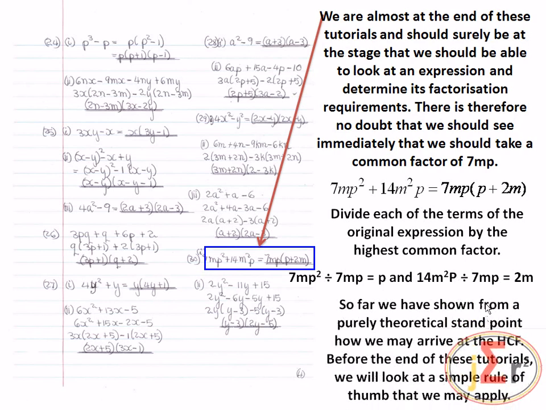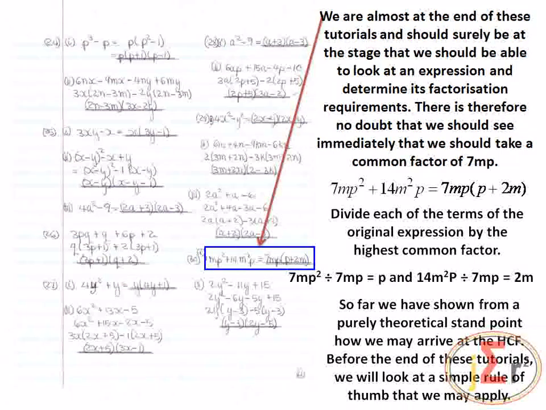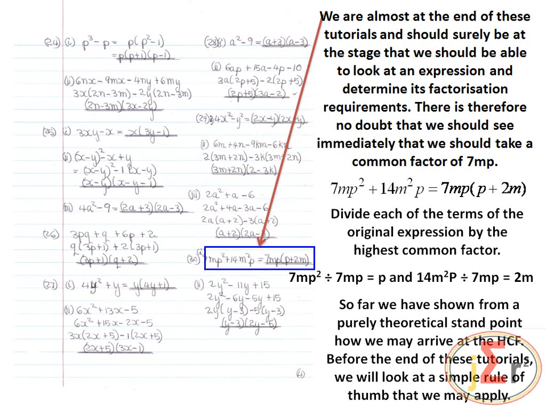So far, we have shown from a purely theoretical standpoint how we may arrive at the HCF. Before the end of these tutorials, we will look at a simple rule of thumb that we may apply.